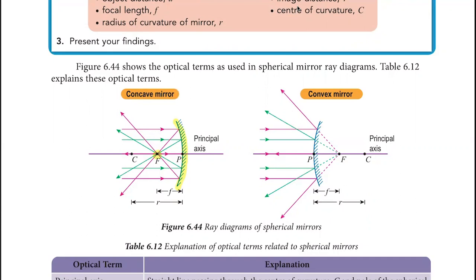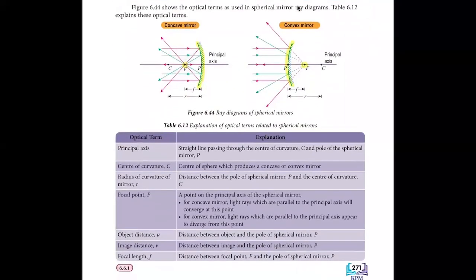Whereas for a convex mirror, because it is curving inwards, the reflection is as if the focal point is behind the mirror. If it is positioned behind the mirror, the image produced will be virtual, so you have to draw dotted lines. Let's see how to draw the ray diagrams.